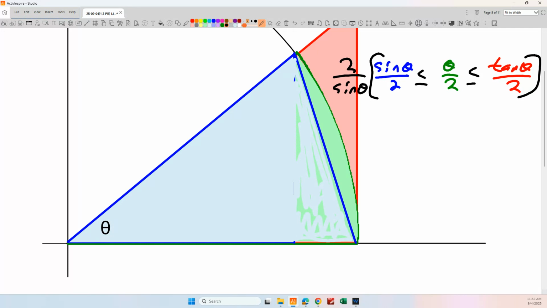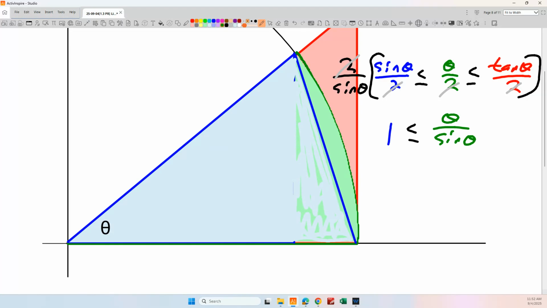Look what that's going to do. That's going to accomplish some good stuff. That's going to cancel all the 2's. And when I distribute that sine theta through, what's that going to become? 1, right? This one's going to be theta over sine theta.